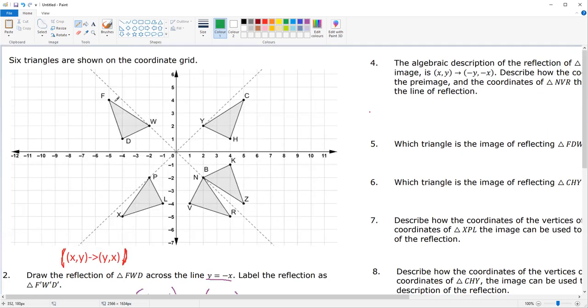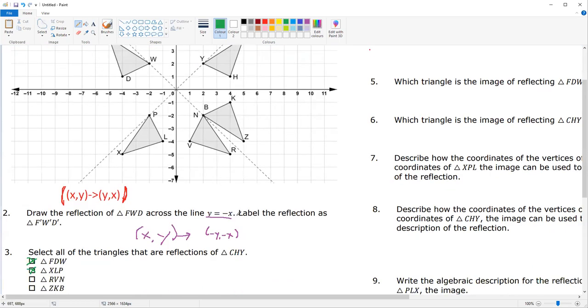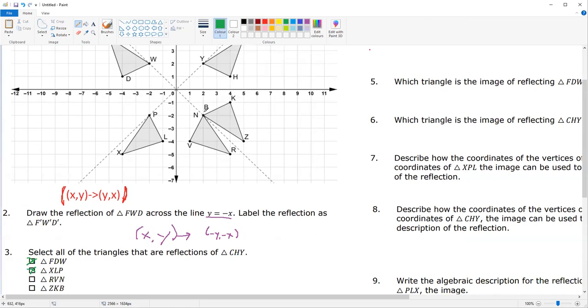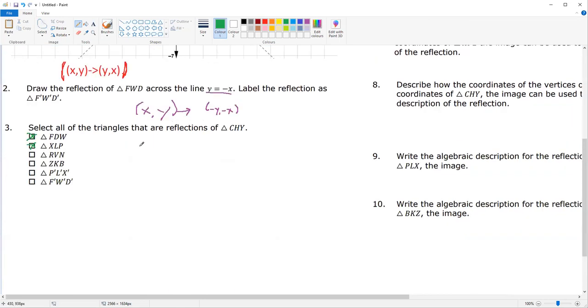I have -5, 4, and I have 5, 4. Remember, for a reflection across the y-axis, the y values stay the same, but the x value becomes negative and positive. So that's a reflection across the y-axis.